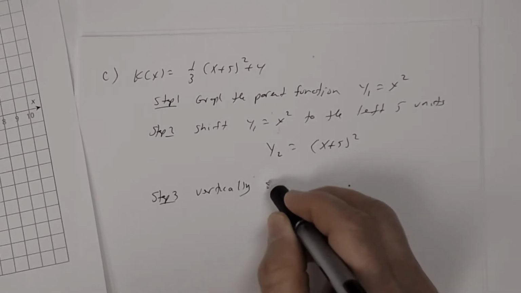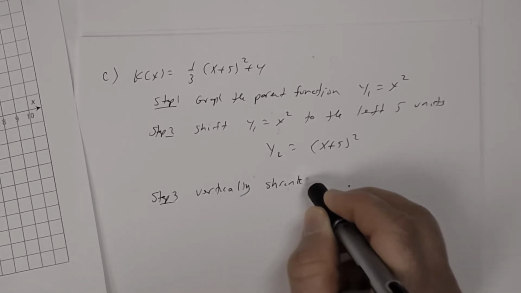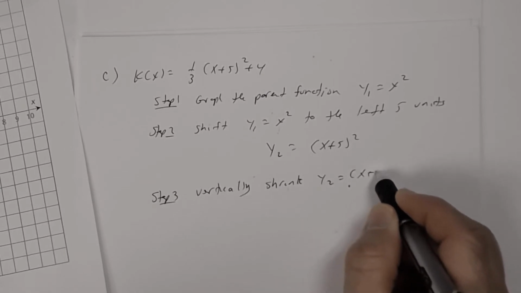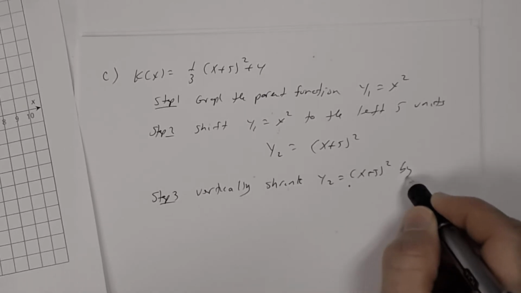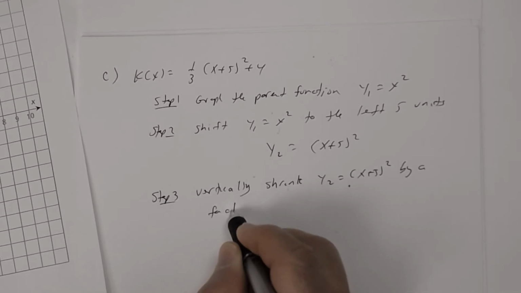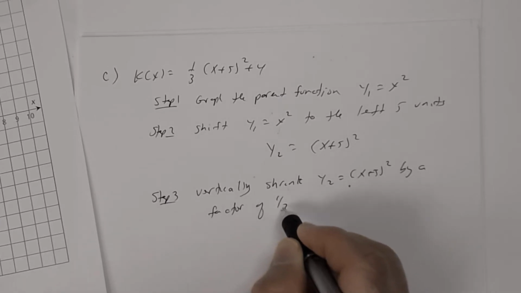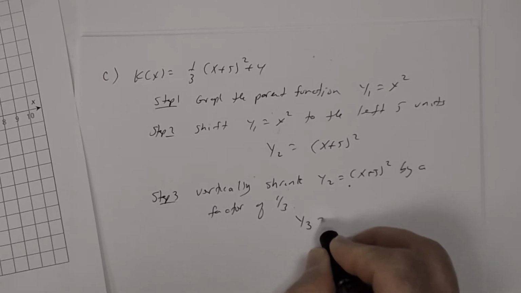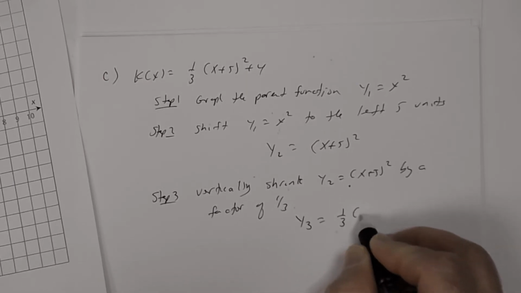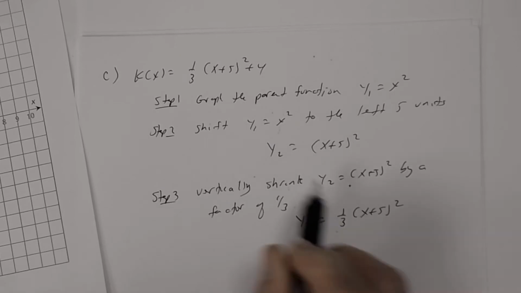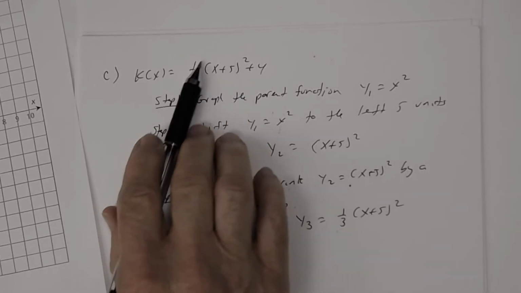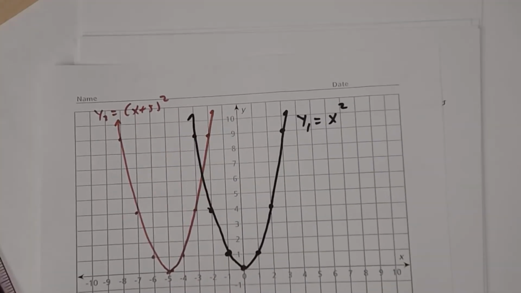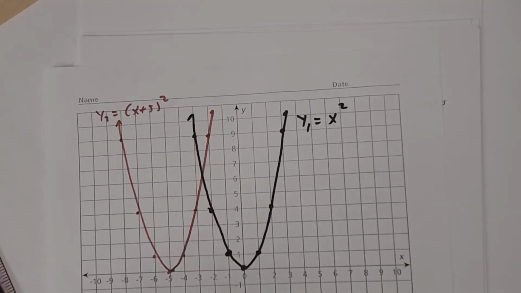So vertically shrink y2 equals (x + 5)² by a factor of 1/3. Okay? And when we do this, we're going to get a new graph that looks like this: 1/3 (x + 5)². So see this right here? This is where I'm at now. Each y value you're going to multiply by 1/3.